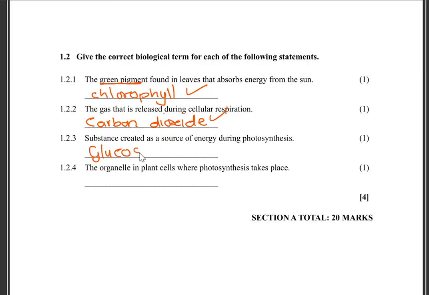We know it's glucose. There you go. Then the organelle in plant cells where photosynthesis takes place. We've talked about it already. The organelle is the chloroplast. There you go, guys.